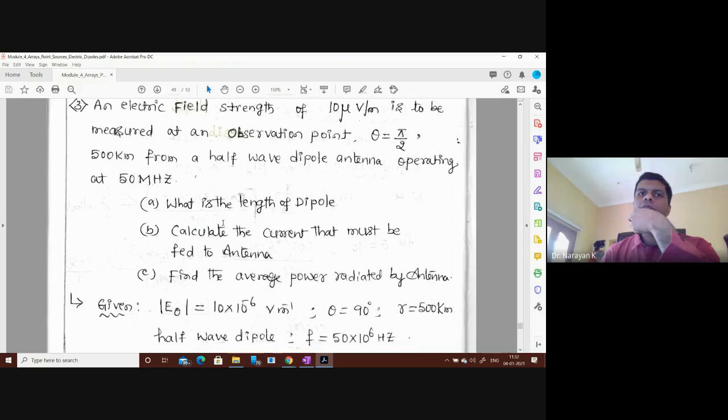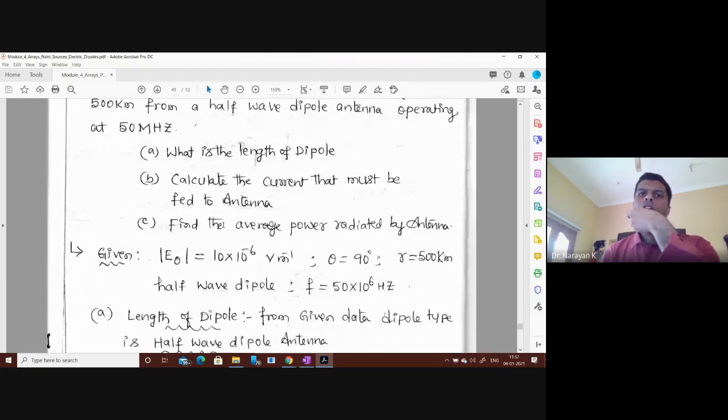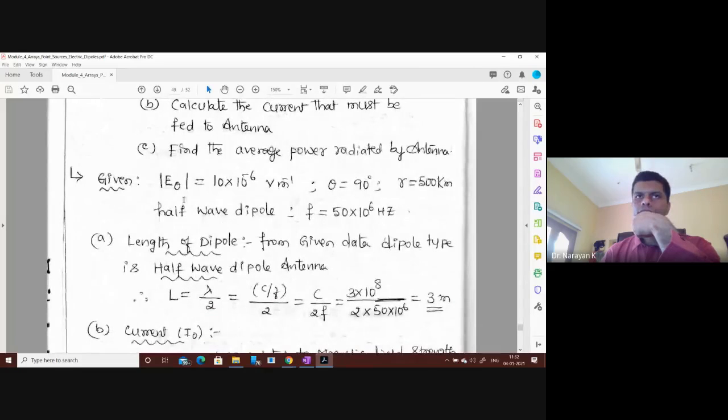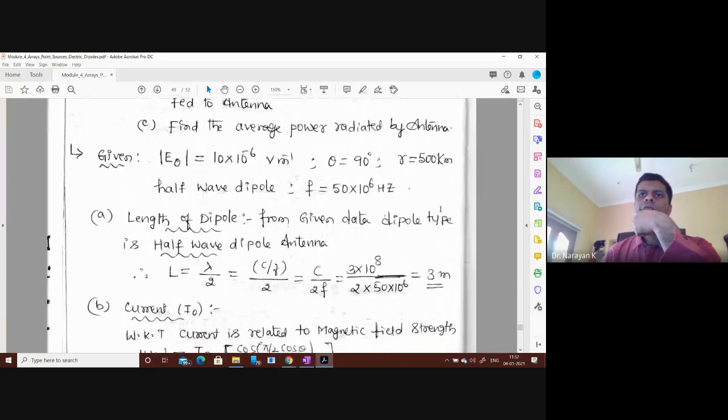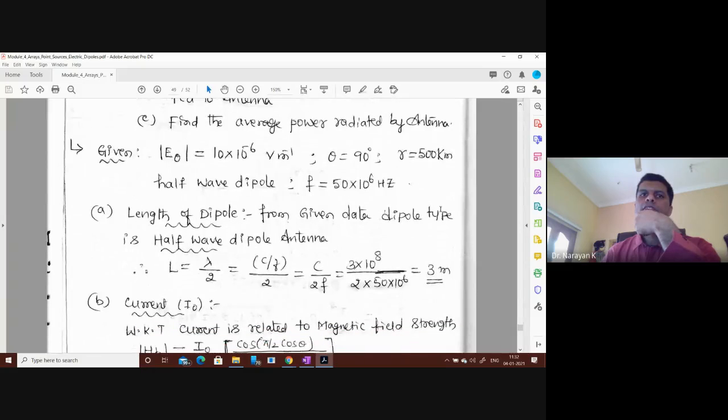Calculate the current that must be fed to the dipole. Find the average power radiated by the antenna. So I'll start. Given E theta is equal to 10 into 10 power minus 6 volts per meter, theta is equal to 90 degrees, radius is 500 kilometer, frequency is 50 megahertz, that is 50 into 10 power 6 hertz.